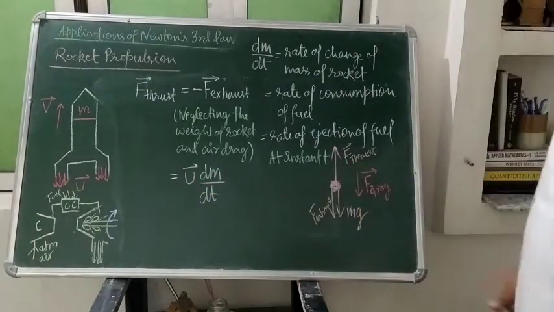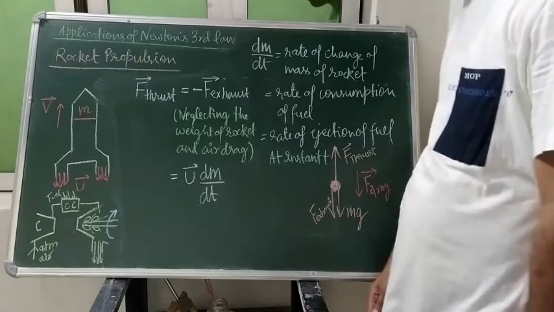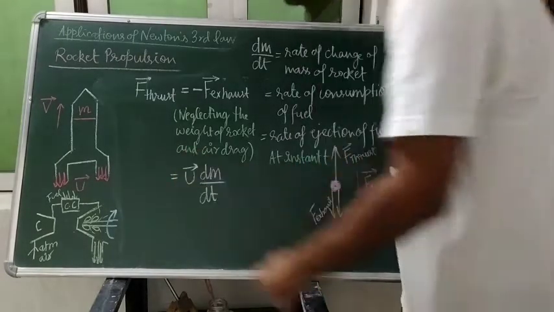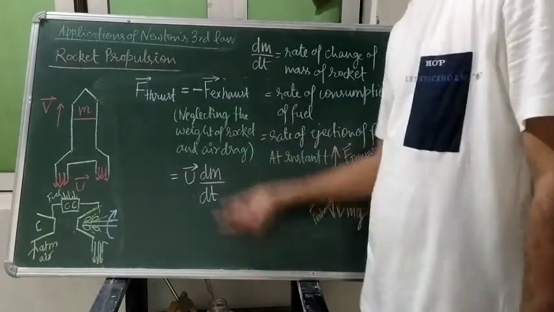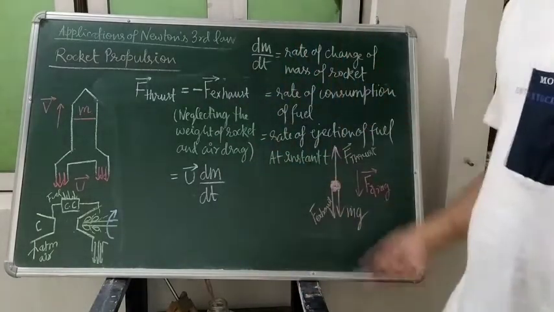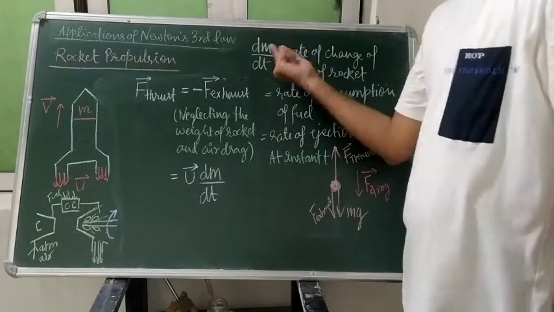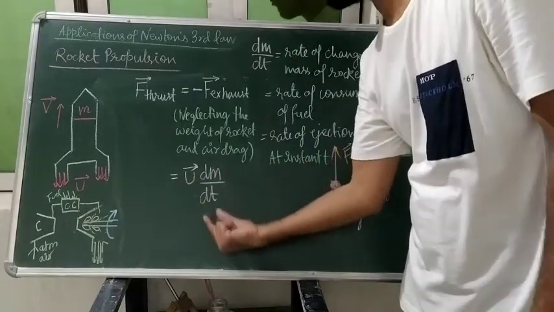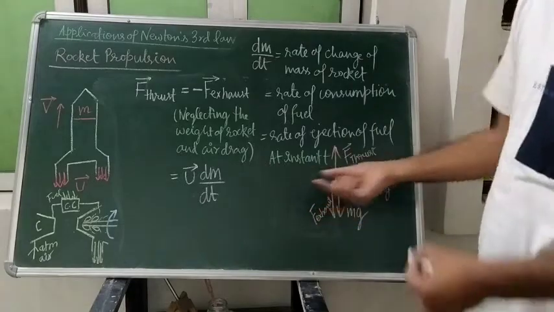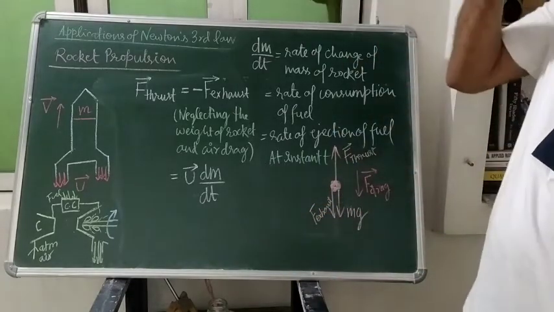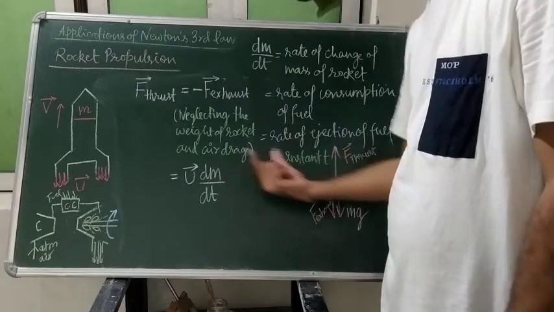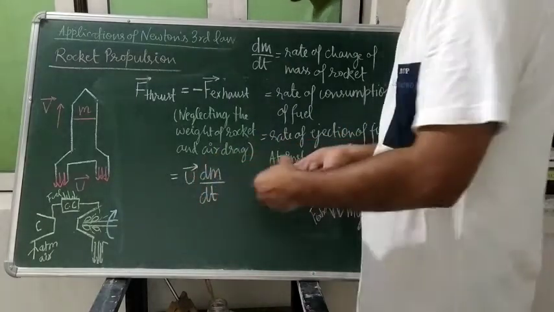Force is the rate of change of momentum. So this is our small u, the velocity going down, and the mass is varying with respect to time. So dm upon dt means change in momentum upon change in time. When the mass varies, the momentum will change.